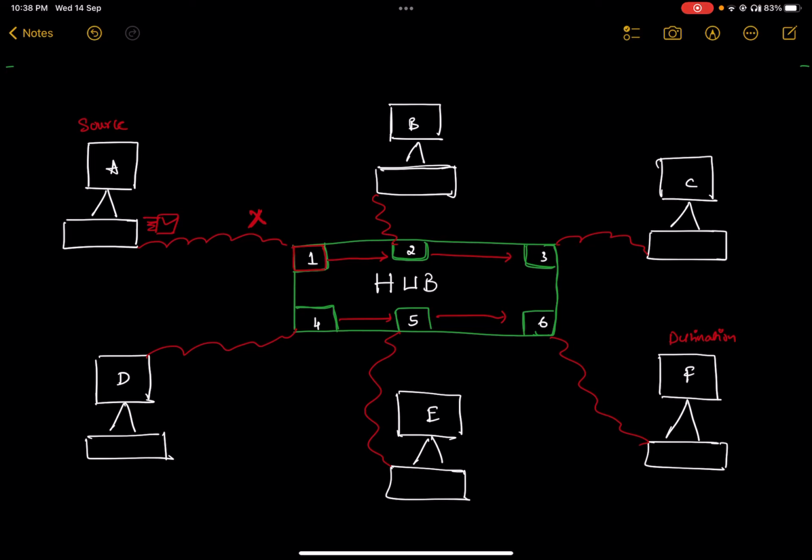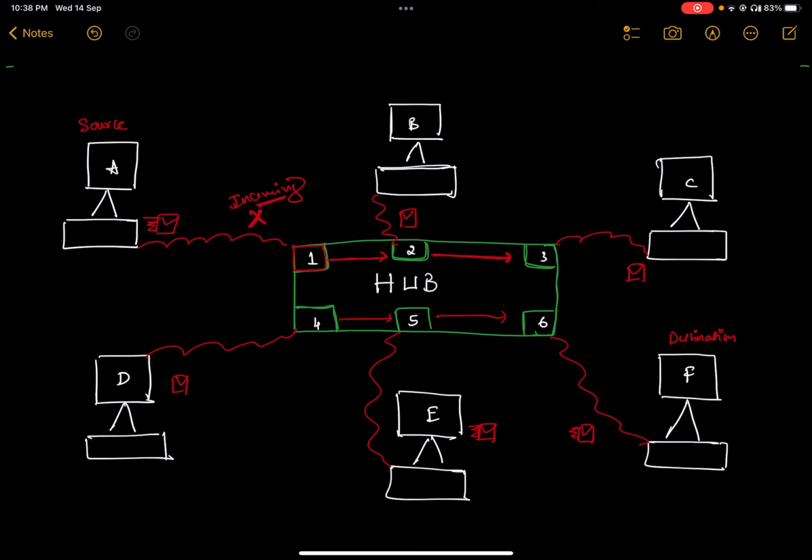So it broadcasts that particular packet to all the ports except the incoming port. So except port 1, it broadcasts the packet to ports 2, 3, 4, 5, 6, right? Now what happens when it broadcasts? This machine also receives the packet, this machine also receives the packet, and so on. All the machines in the network receive the packet, right?